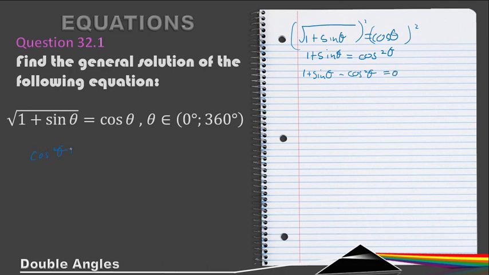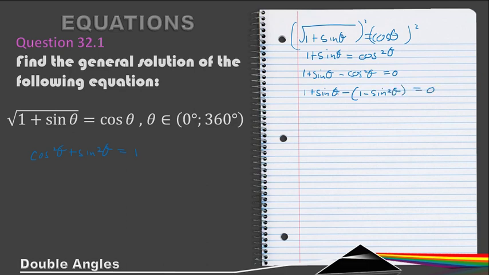Cos squared theta plus sine squared theta is equal to 1, so cos squared theta becomes 1 minus sine squared theta from this identity. So we have 1 plus sine theta minus (1 minus sine squared theta) equal to 0.